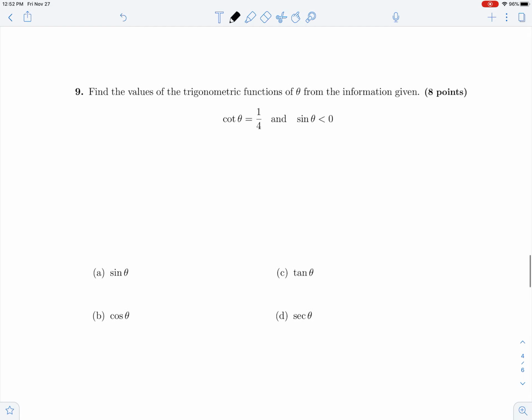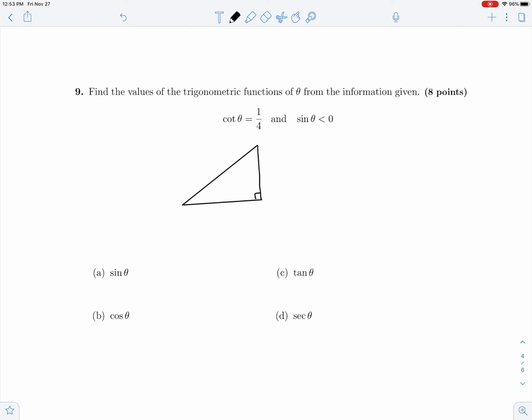For number 9, I want you to find the values of the trigonometric functions of theta from the information given. And for these ones, I wanted to review this because you always want to draw the triangle. I'm going to draw a right triangle.